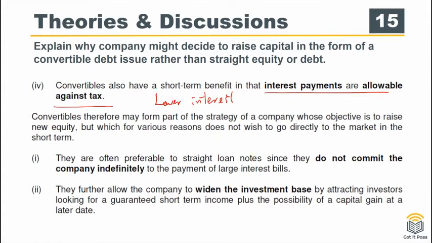So convertibles may form part of the strategy of a company whose objective is to raise new equity, but which for various reasons does not wish to go directly to the market in the short term. And sometimes they are preferable to a straight loan, because convertibles do not commit the company indefinitely to the payment of large interest bills.